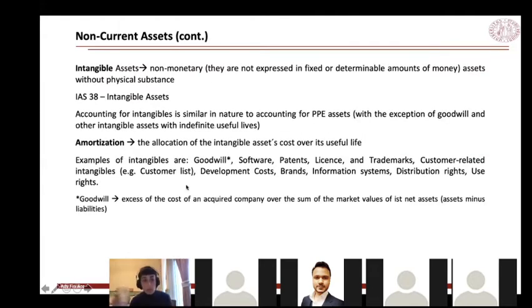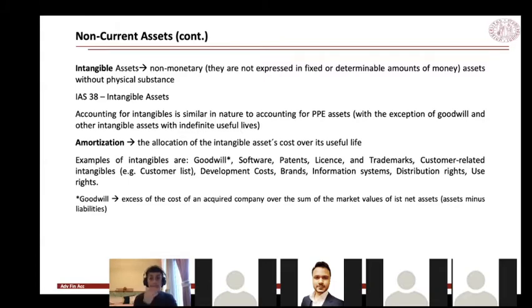Then, as non-current assets, we also have intangible assets. PP&E, property, plant, and equipment, is tangible. It's physical. You can touch it. It's a land, it's a building, it's machinery, it's a piece of equipment. Intangible assets are non-monetary.